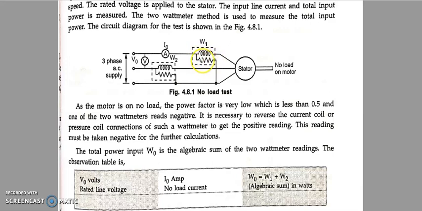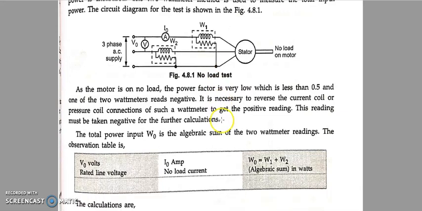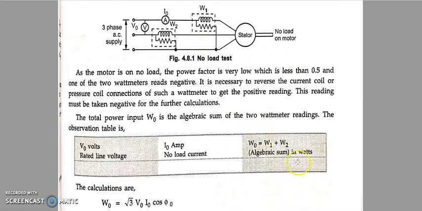Say if W1 is reading negative, then either you interchange the current coil, or you change the potential coil. You can change any one, not both. After changing, whatever W1 was reading negative now reads positive. That positive magnitude value should be taken as negative itself. Remember that, and just add them, you'll get the no load wattmeter reading.